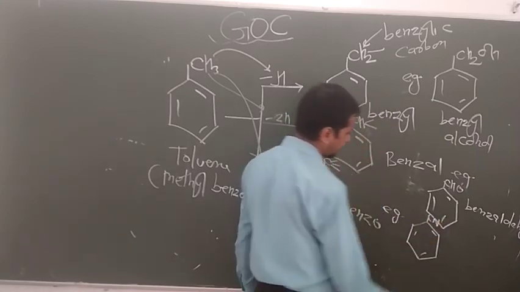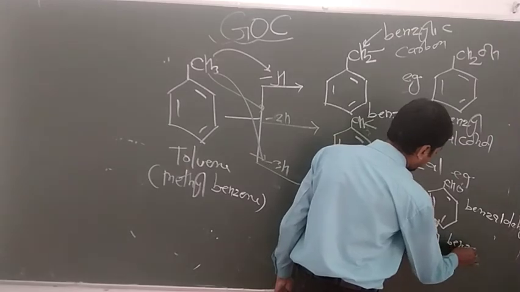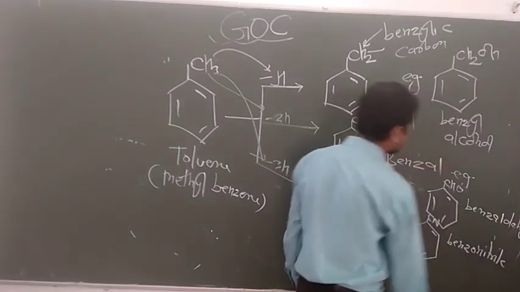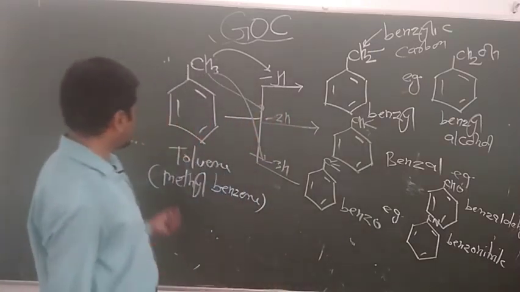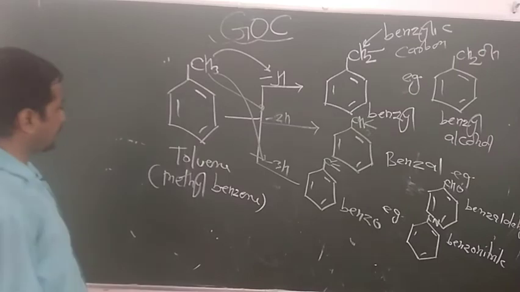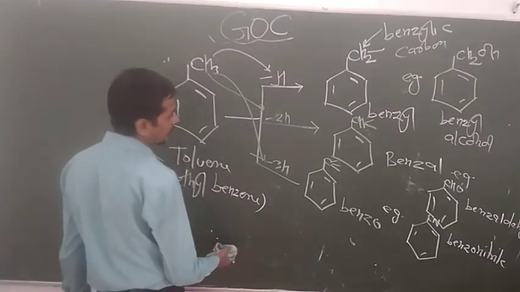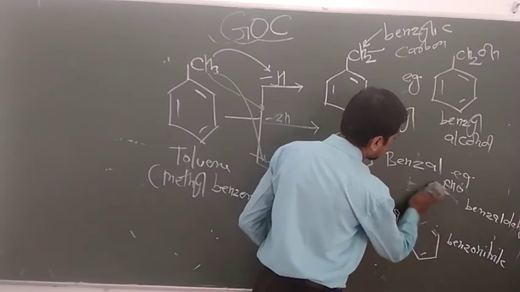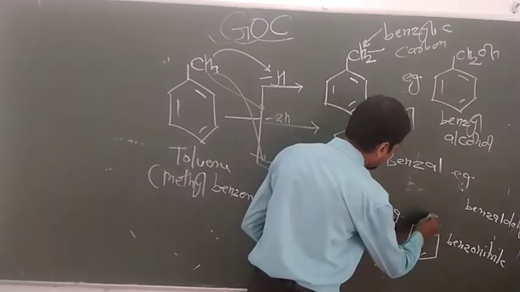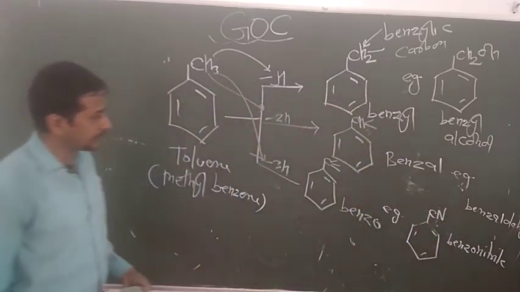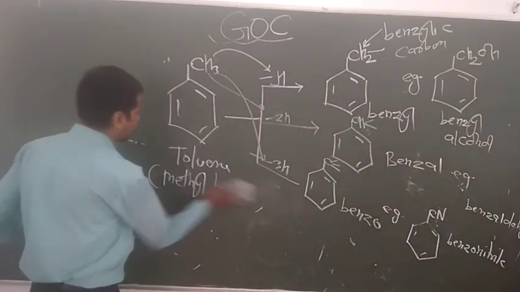So this is known as benzonitrile. These are the groups formed by toluene. This also you have to know from an examination point of view. These are very important groups related to toluene.